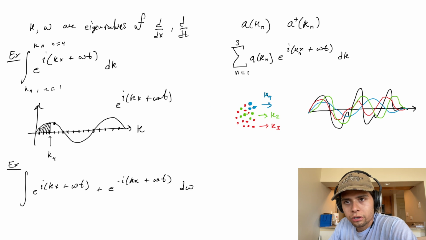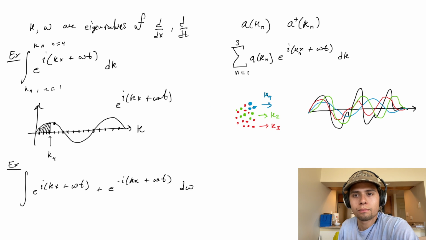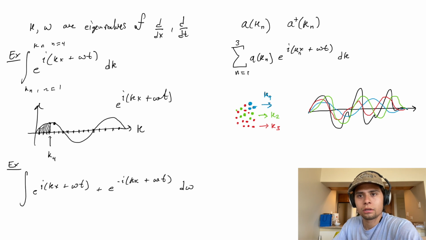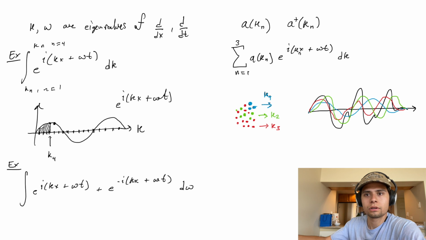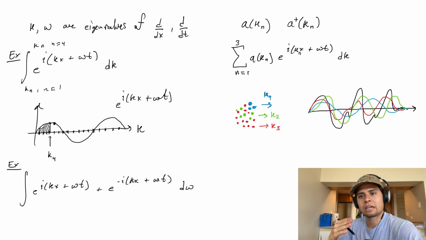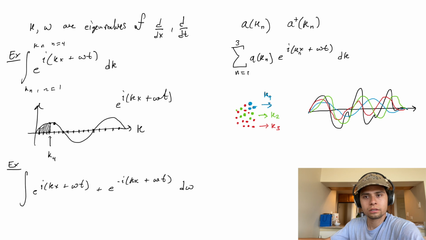The number of particles at a given momentum corresponds to the weight that we place on, or the importance that we place on, one of these waves that build up the overall wave. So we have an overall wave, and it can be broken down into its various components.